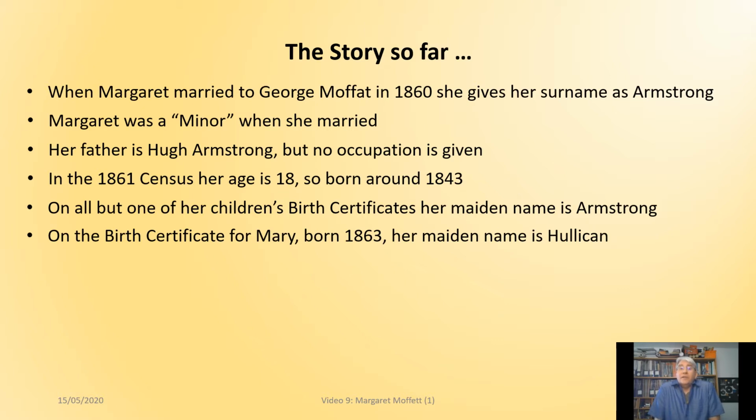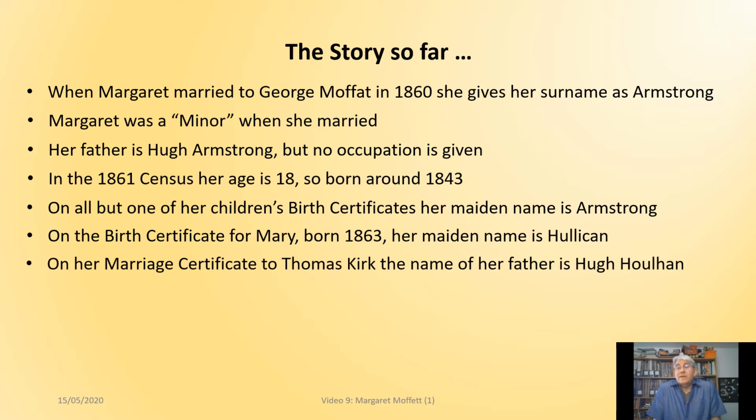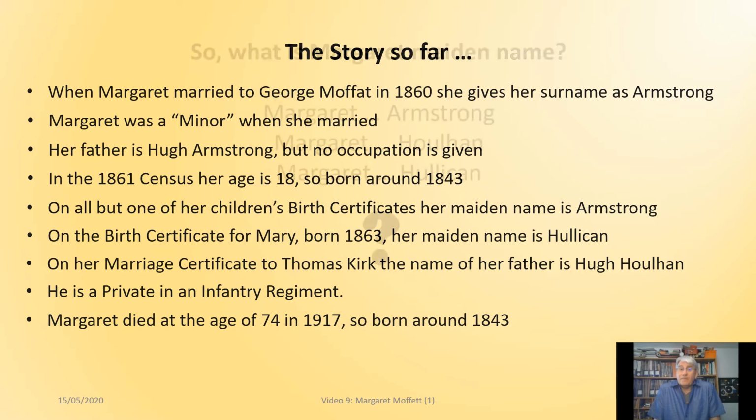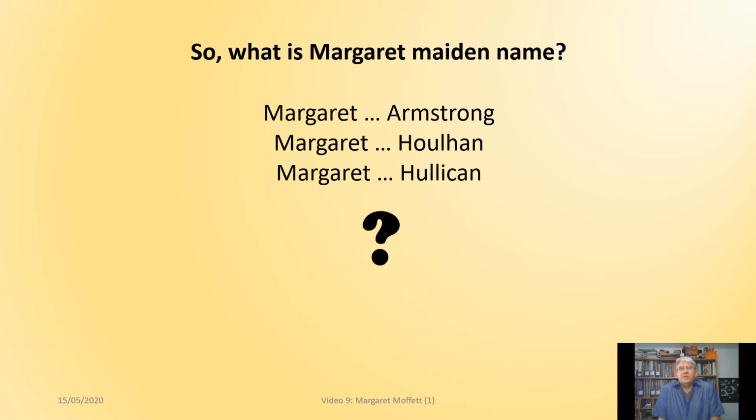On her marriage certificate to Thomas Kirk in 1901, the name of her father is recorded as Hugh. He was a private in an infantry regiment. And finally, Margaret's age at time of death in December 1917 was 74, so again suggesting she was born in 1843. We now have 2 questions.